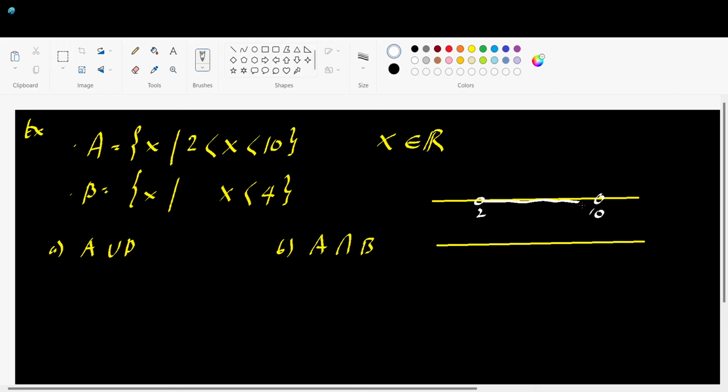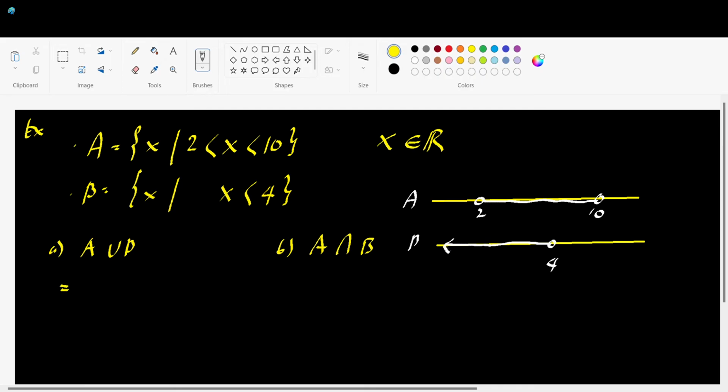While for B, it will be all numbers less than 4. Okay? And set A and set B, if we are to combine, how do we write the elements of A union B? All elements of A together with all elements of B.